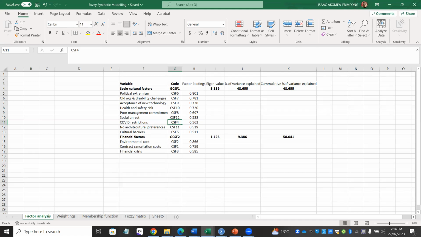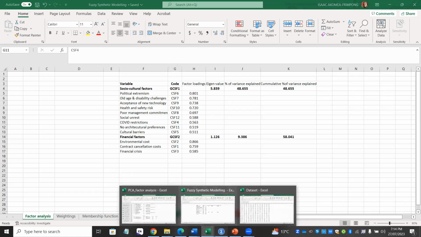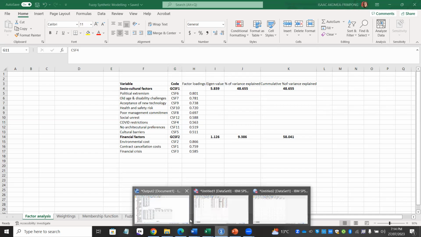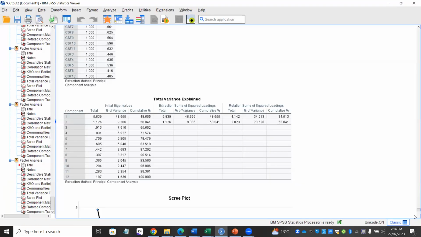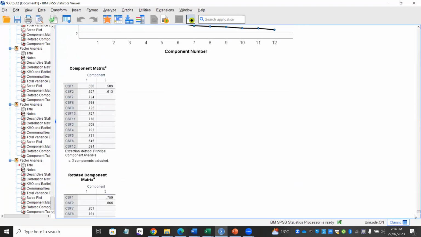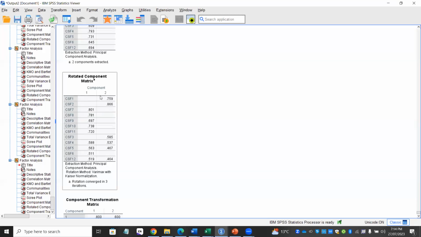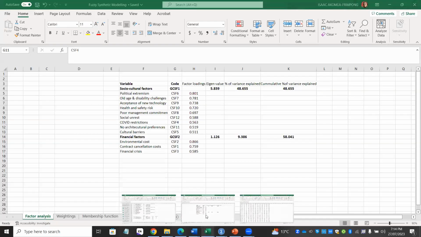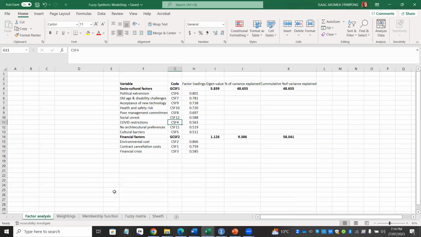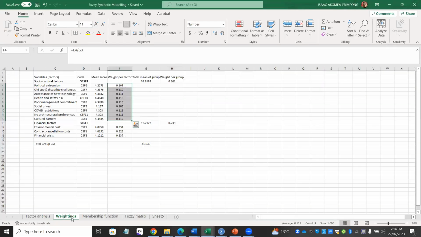Based on the Varimax rotation, we got 2 groups, 2 components. Once again, I want to show the two components and then the factors that come under them. So we want to get what we call the weighting functions or the weightings. So how do we get them?